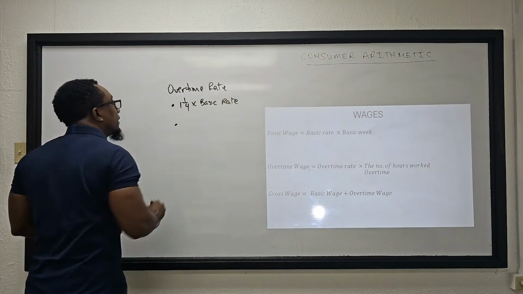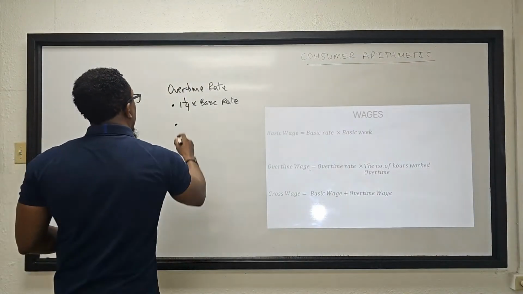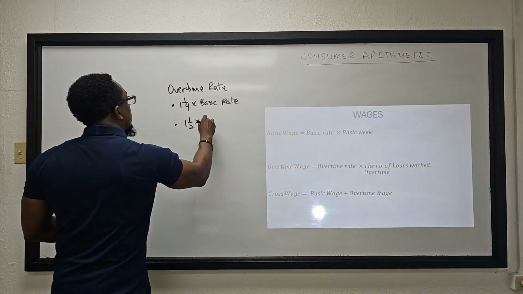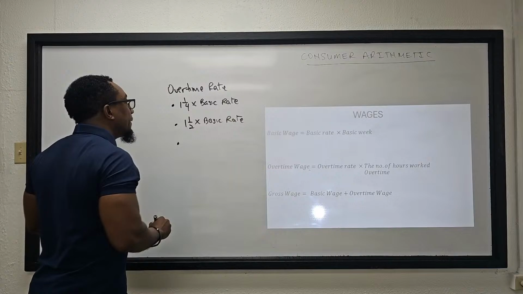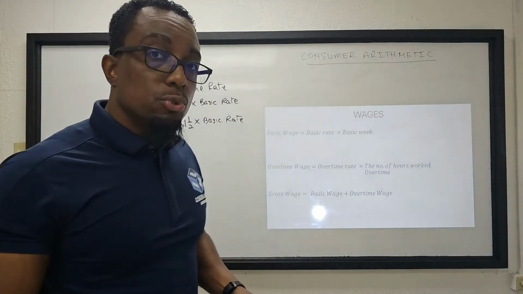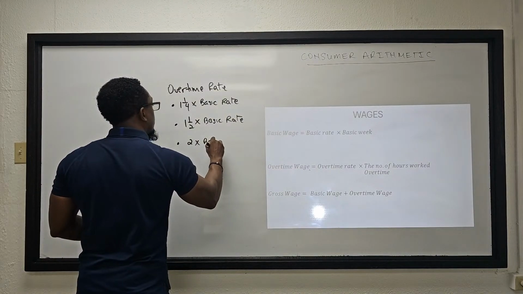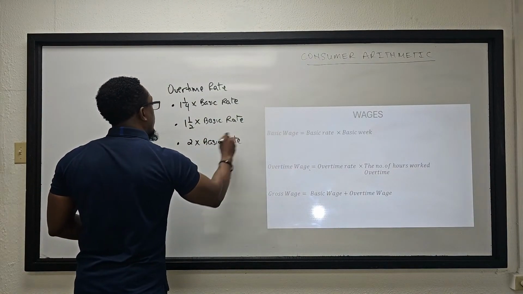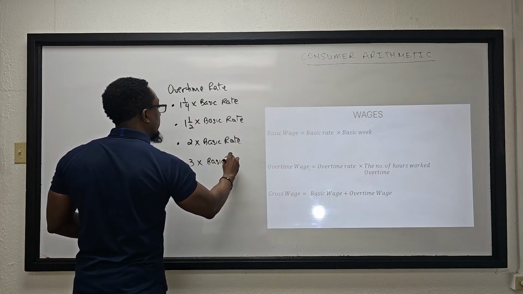You can be paid time and a half, that's 1 1/2 times the basic rate. You can be paid double time, which is 2 times the basic rate. And you can be paid triple time, 3 times the basic rate.